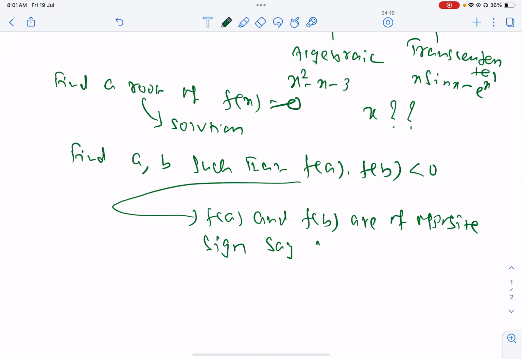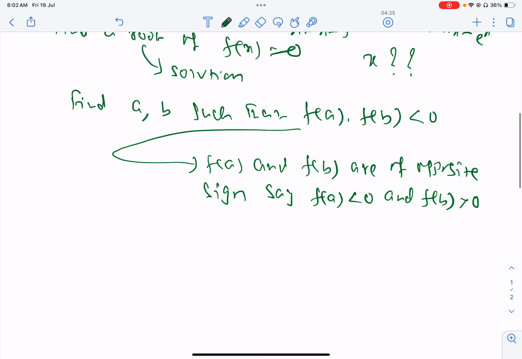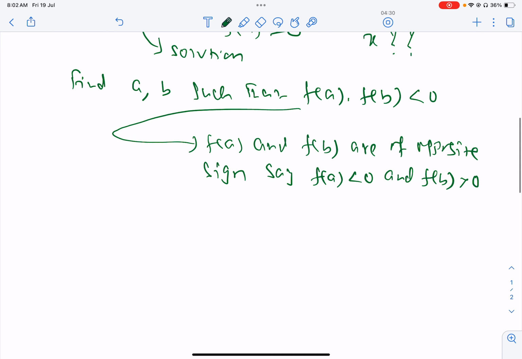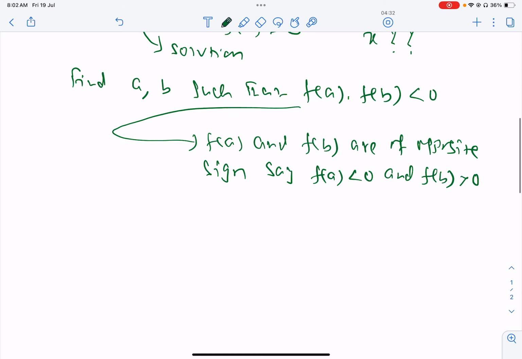Say f(a) less than 0 and f(b) greater than 0. It may also be f(a) greater than 0 and f(b) less than 0. Now because of that theorem, there is a root in the interval a to b.